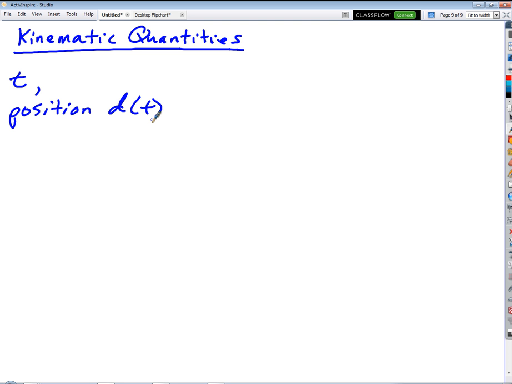What else have we got? Acceleration. Okay, and then what comes before that, maybe? Velocity. So velocity v of t, right? Now technically these are vectors, aren't they? I get lazy and always skip it, but probably we should write that.